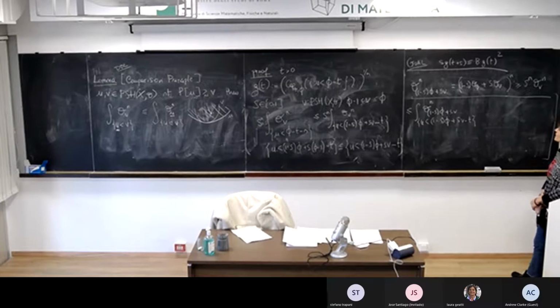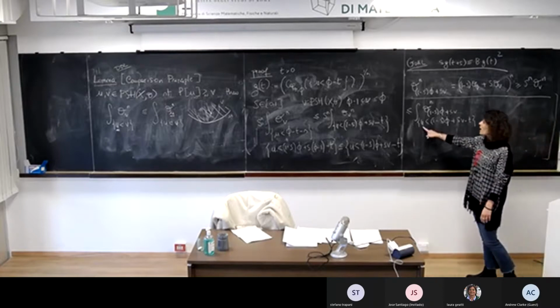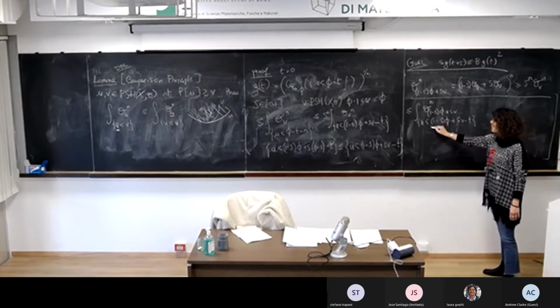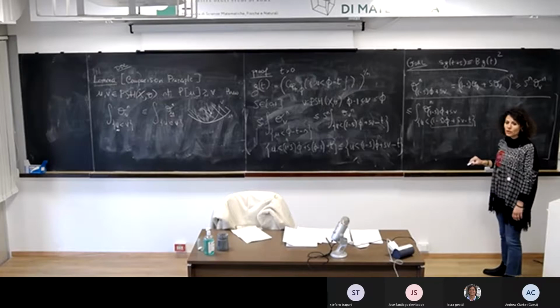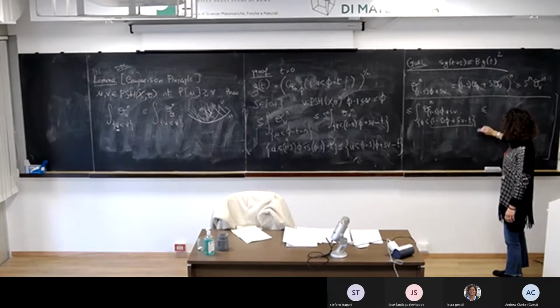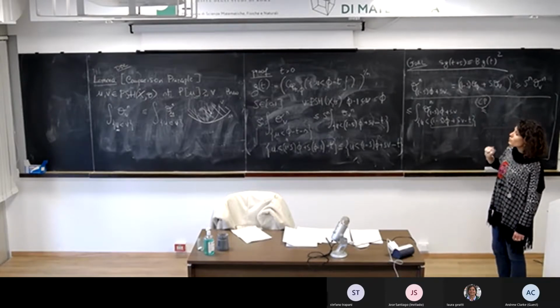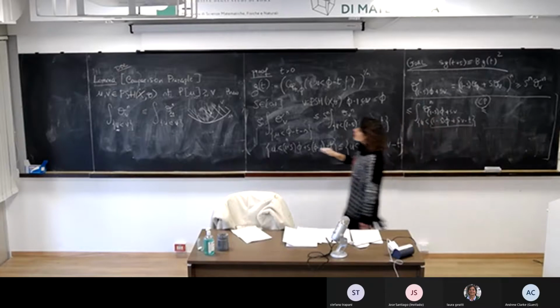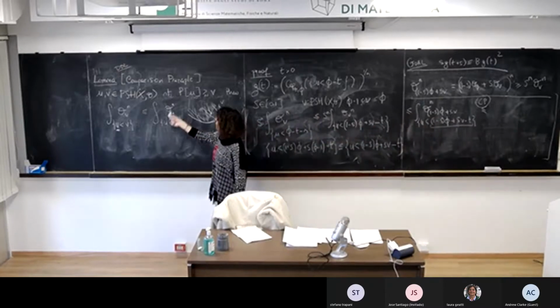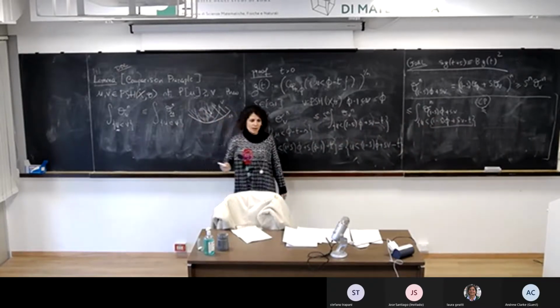And then look at this. Here we have something where we want to use the comparison principle, with u equal to u and the v there, all this function. Why can we use the comparison principle, which I call the CP? In order to use that, we need to prove that the envelope of u is less singular than v.